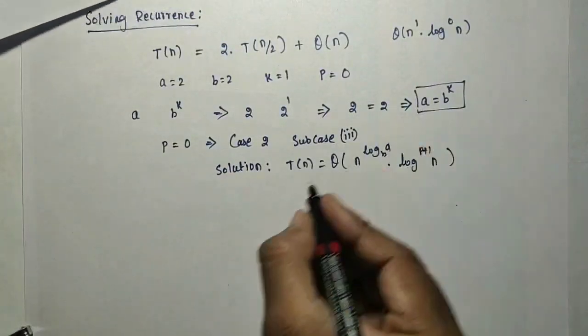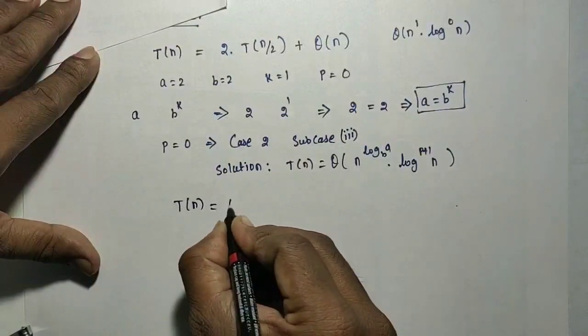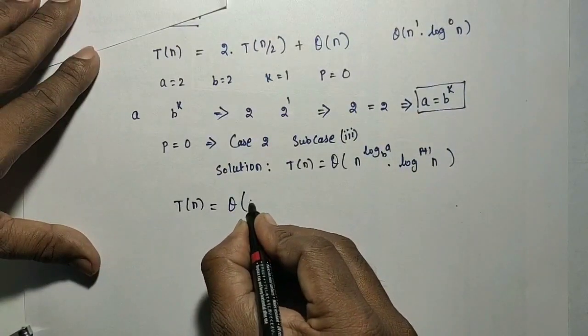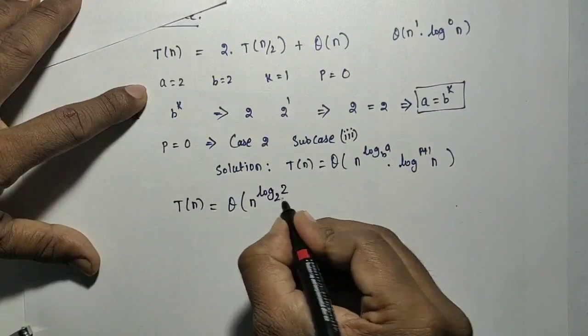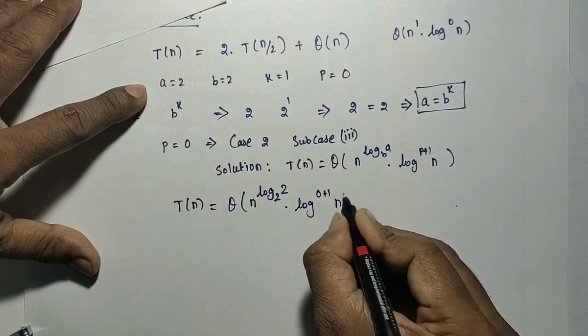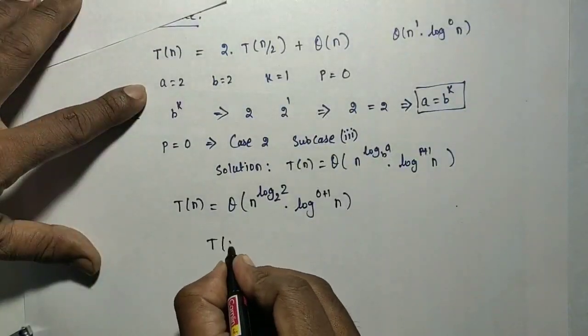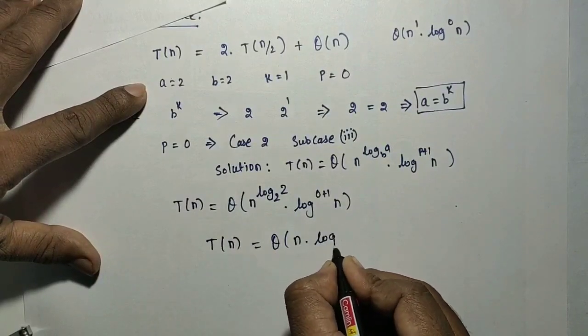In this case, T of n equal to theta of n power log a base b, with a as 2 and base 2, into log n power p plus 1, that is 0 plus 1. Okay, so T of n equal to theta of n log n.